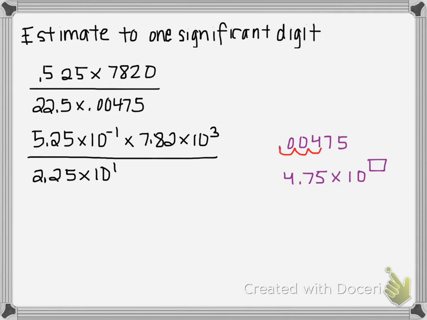Now what power would I multiply this 4.75 by in order to have the original 0.00475? So hopefully it's clear that I need the power to be negative so that the decimal place would move to the left.